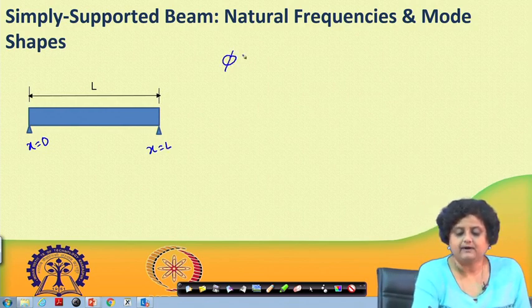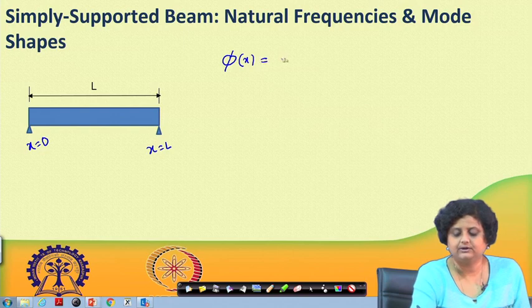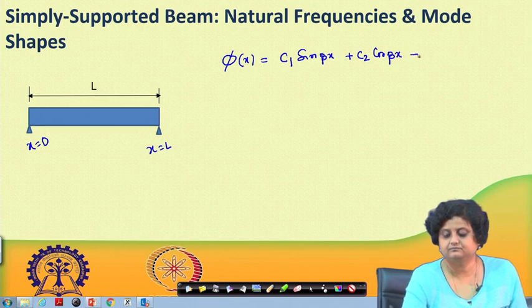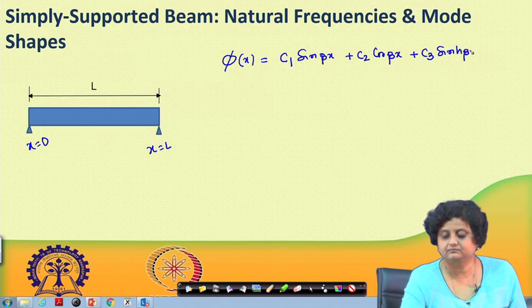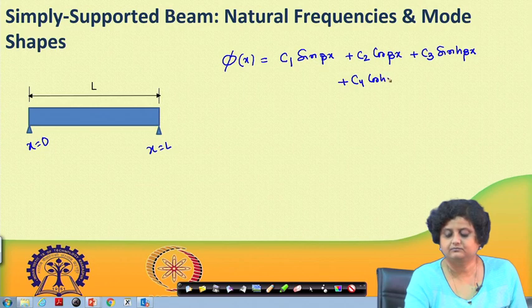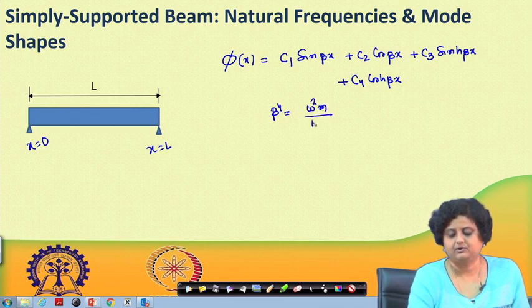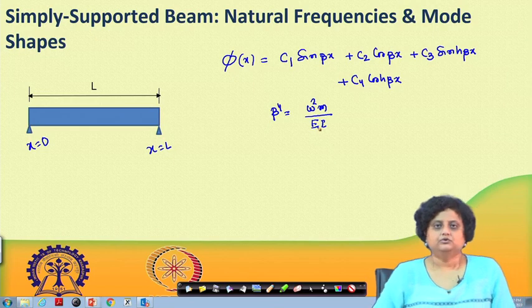So, phi x for a generic case is, so, this is the equation that we solved in the last lecture.